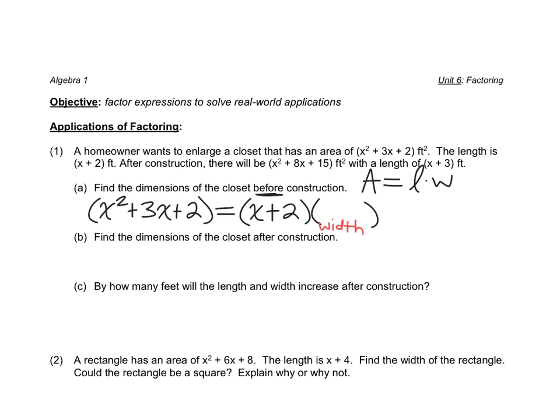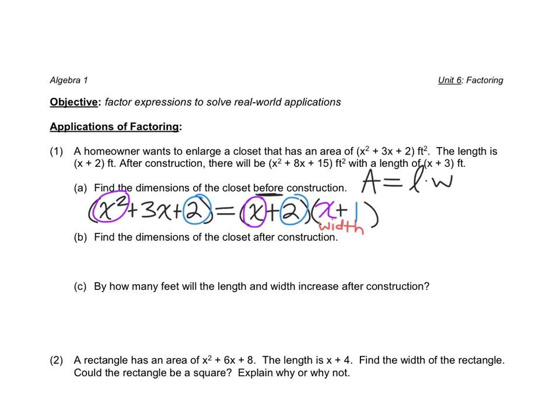I got to figure out what'll make the x into an x squared if I multiply by x, and what would make the 2 into a 2 if I multiply by 1. So x plus 1 should be my other factor.